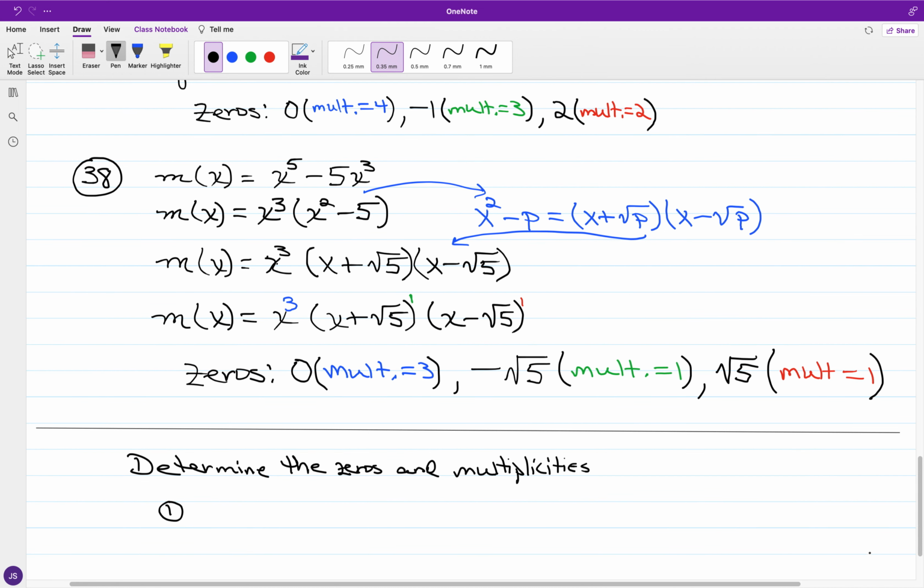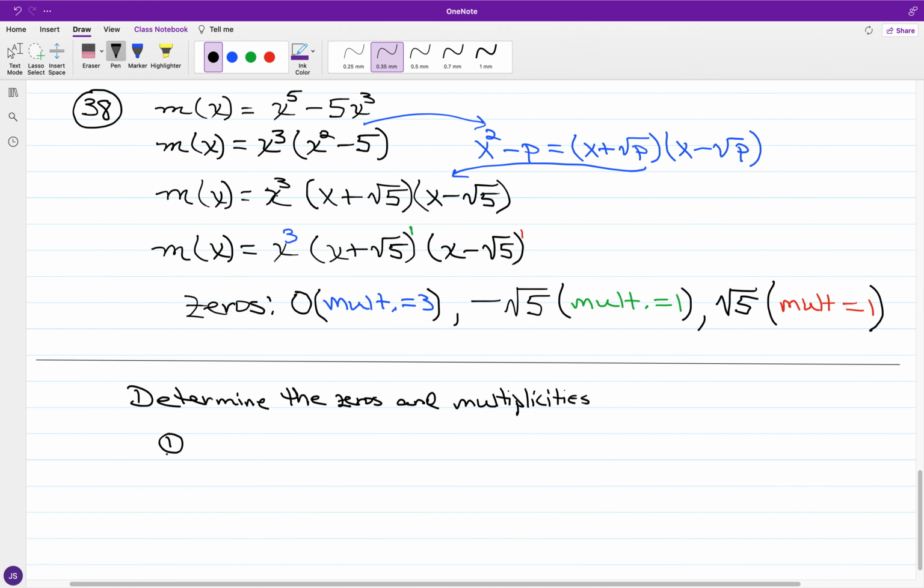Let's say we have, with the first function, f of x is equal to 2x to the 4th plus 4x cubed plus 2x squared.